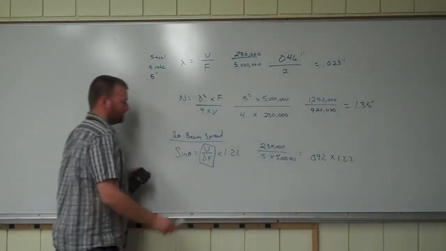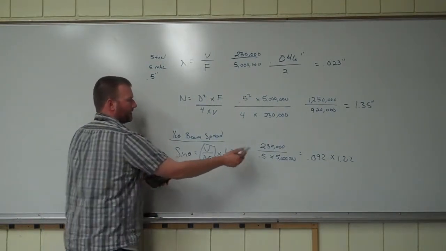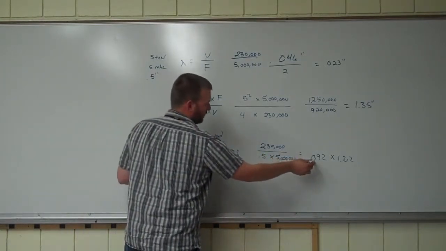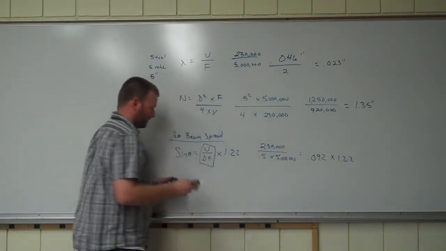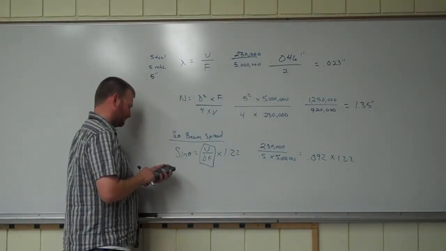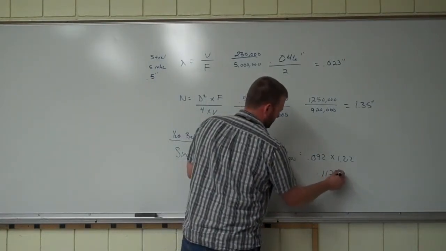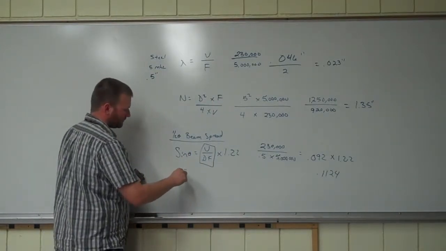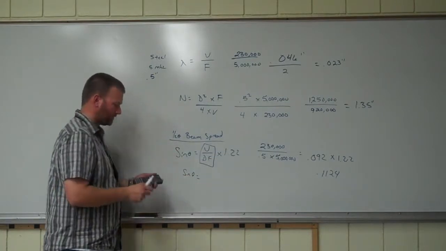We still need to do these two. So here's our setup: multiply, divide, got 0.092 for all that, multiply by 1.22, and I come up with 0.1124. Now we've got sine of the angle equals 0.1124.